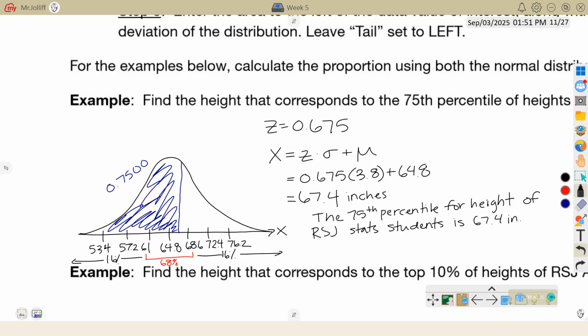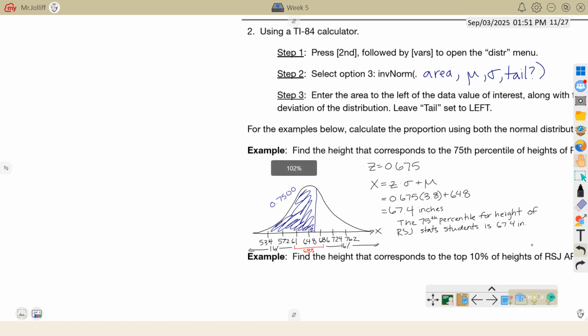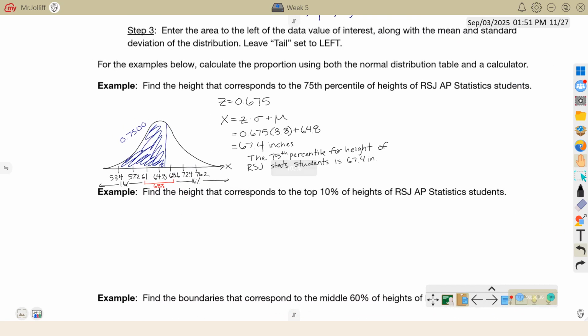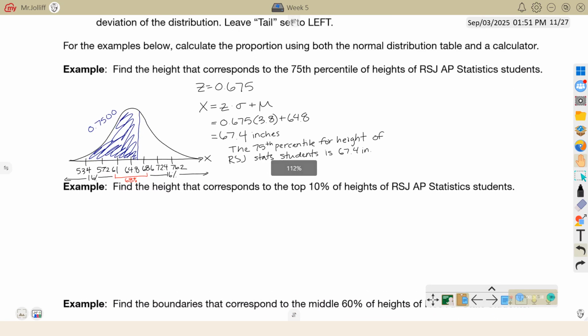Okay, we're going to do the next one with our calculator, so you can see the calculator method. All right, next example says, find the heights that correspond to the top 10% of heights at RSJ.